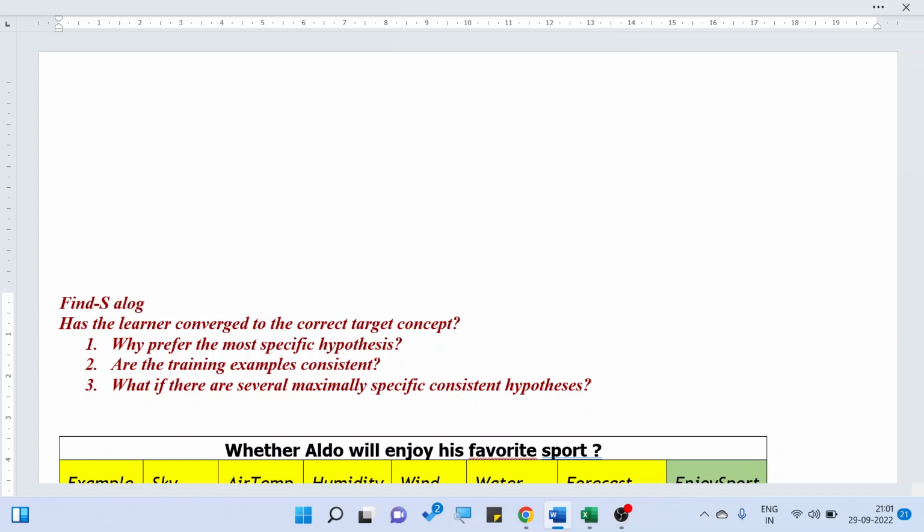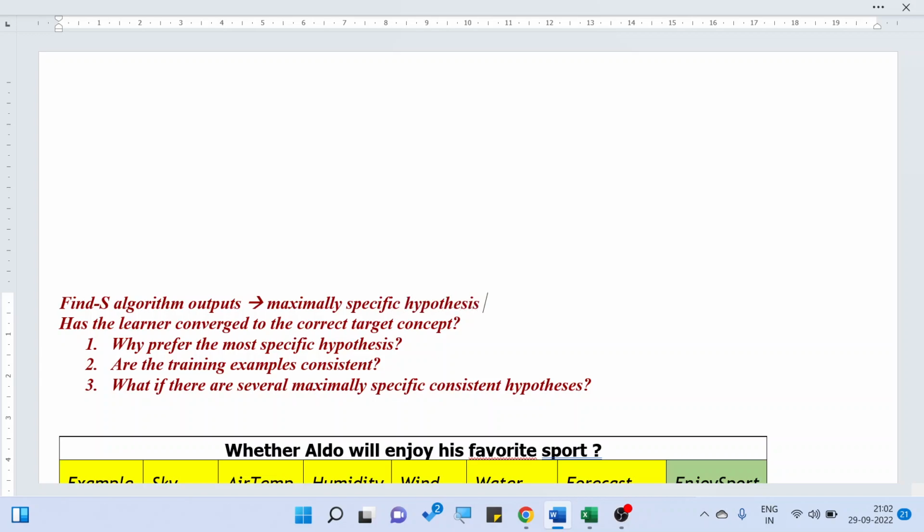So it has considered only the positive examples and it ignores the negative examples, and the output of the Find-S algorithm is the maximally specific hypothesis.